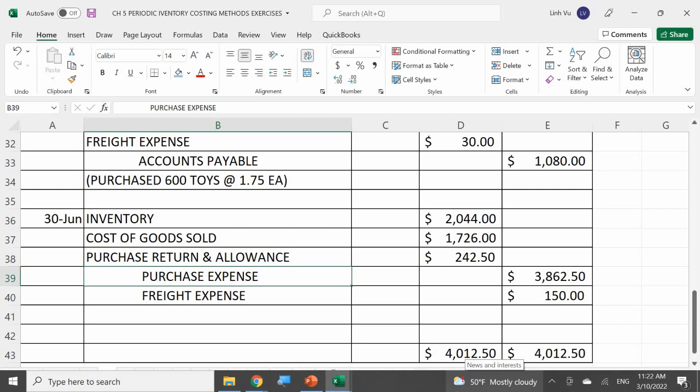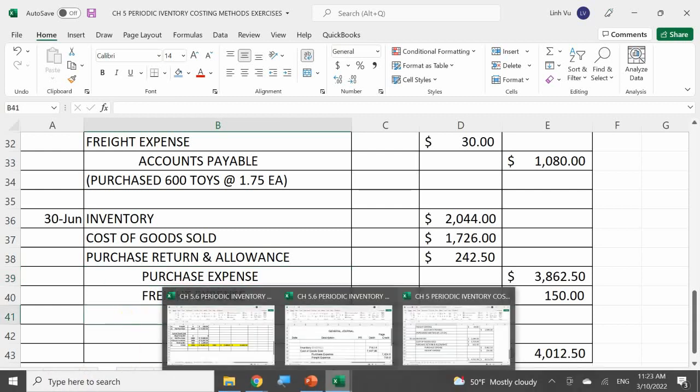So one thing that you have to do when you have returns and allowances is it's going to be adjusted into part of your conversion entry as well, because that's one of the accounts that you put your original purchase of inventory into. You end up returning those items.